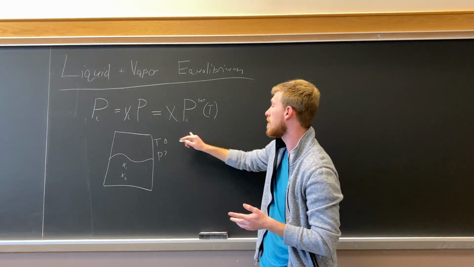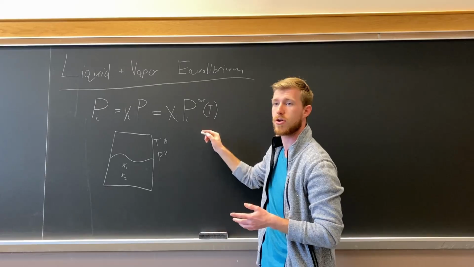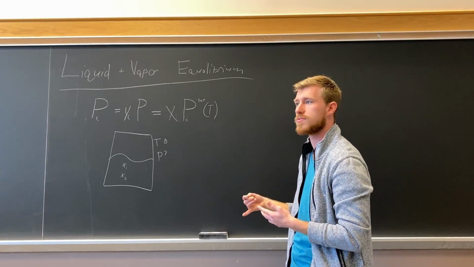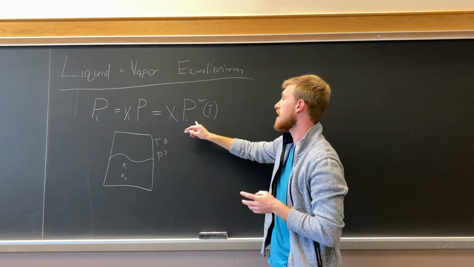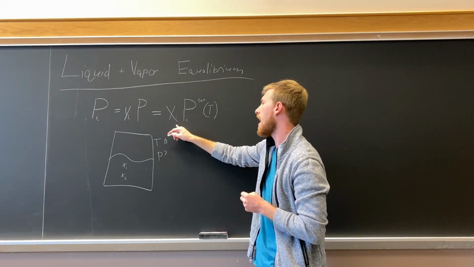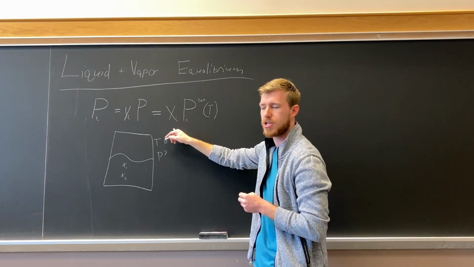And that complication comes in from this multiplication right here, because at the bubbling temperature or pressure, the first bubble forms when each component is satisfied, its saturation pressure when discounted by its liquid composition.